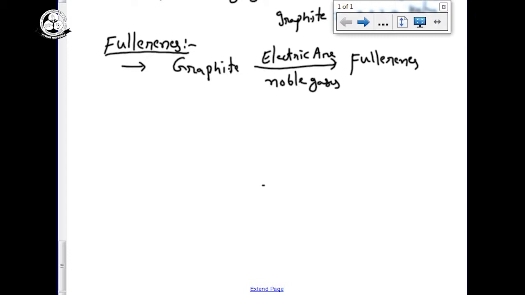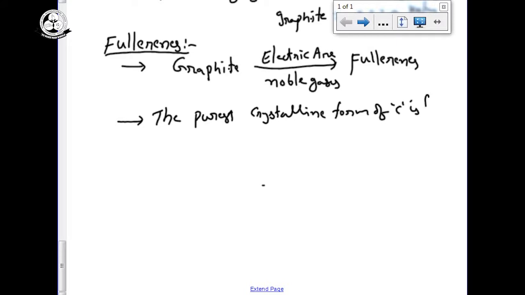Fullerenes are the purest crystalline form of carbon.